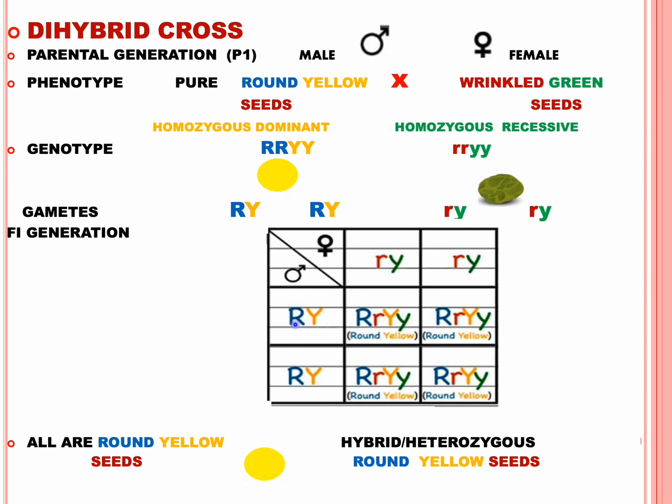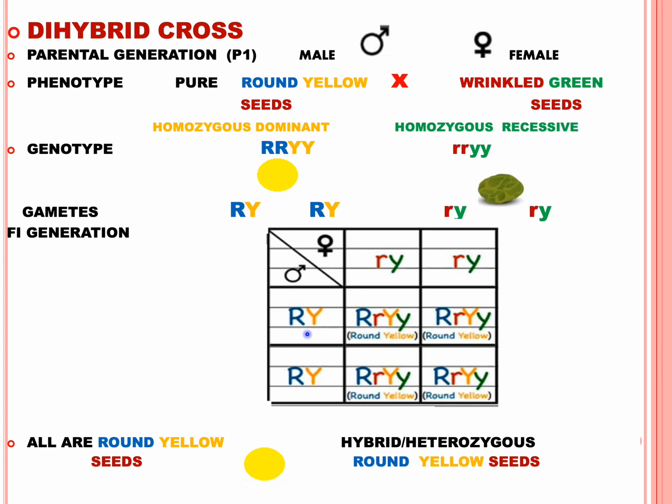If this male gamete with the alleles capital R and capital Y fuses with the female gamete having the alleles small r and small y, then the plants raised from this combination would have round and yellow seeds, with genotype capital R, small r, capital Y, small y.